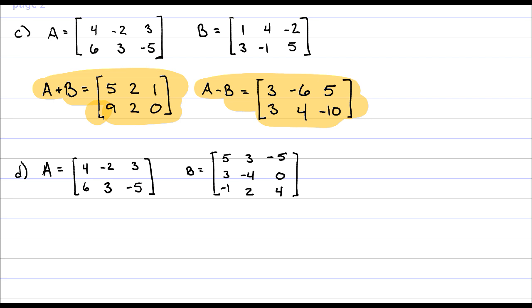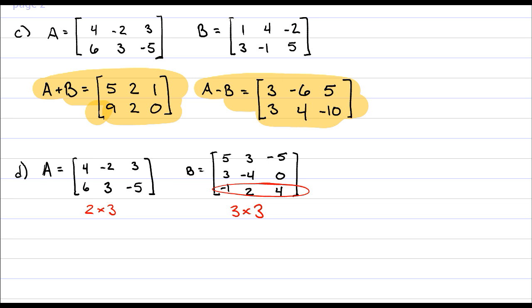Now, example D, part D, is real easy because what we have here is a 2 by 3 matrix, A, and B is a 3 by 3 matrix. Since these matrices have different sizes, we cannot add them together. The reason for that is, notice that A only has 2 rows, which means we don't have anything to add to the third row of B if we tried to add A and B together.